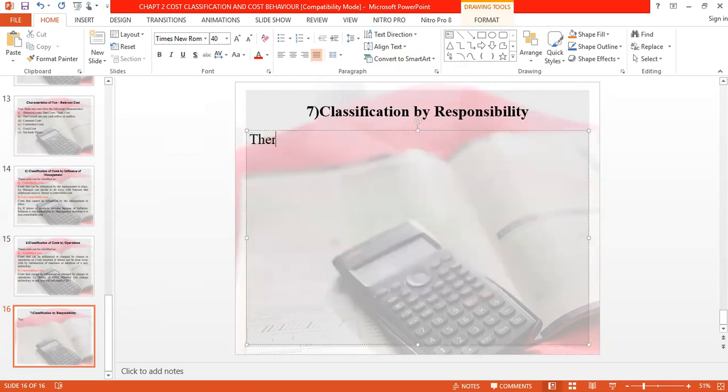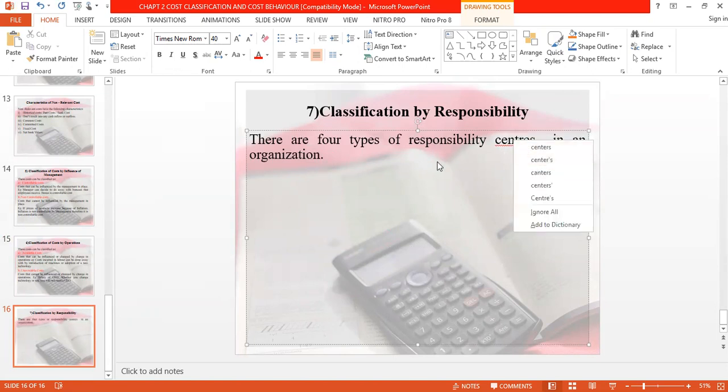We can start by saying there are 4 types of responsibility centers in an organization. There are 4 types of responsibility centers in an organization.